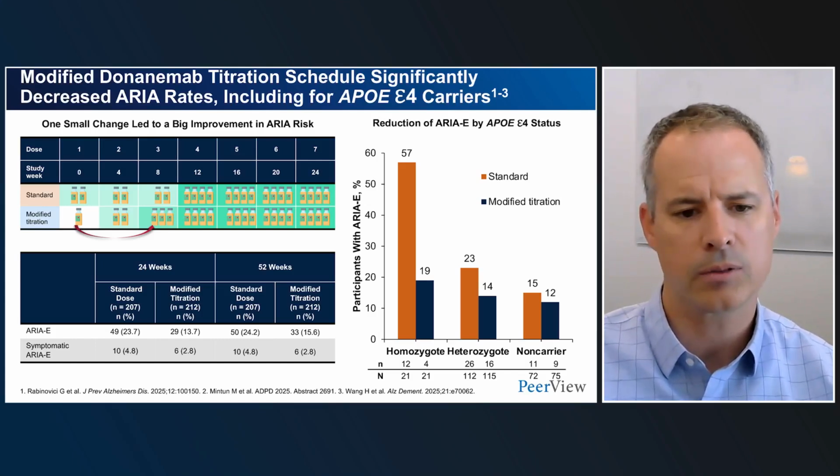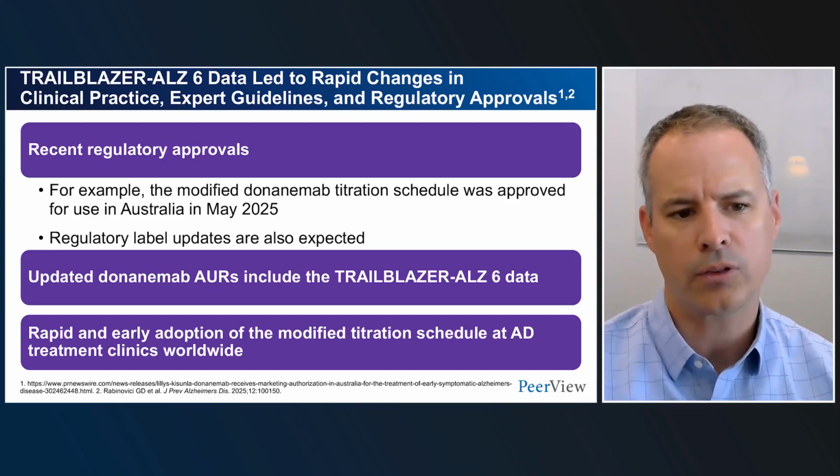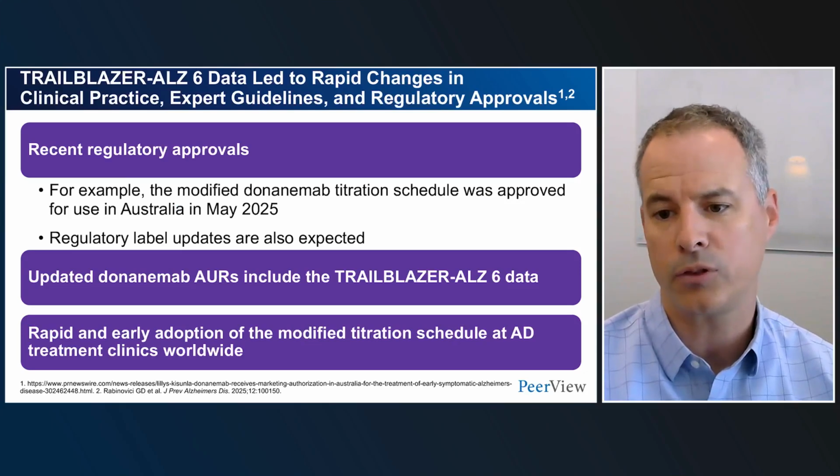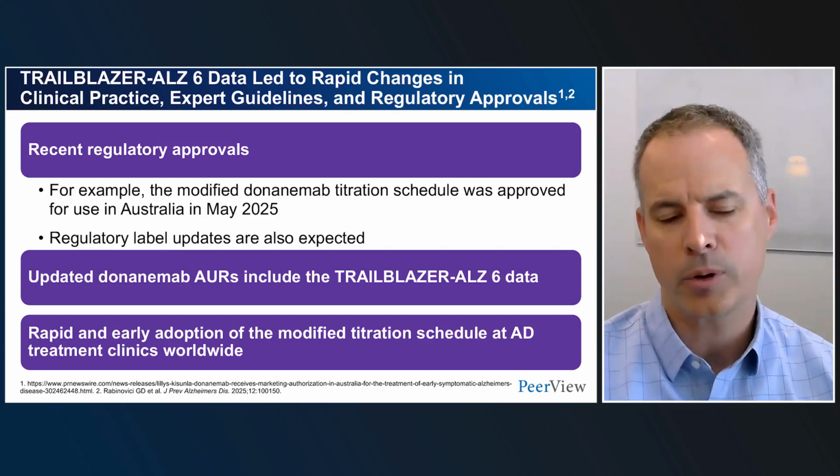Now, this new titration schedule has already been approved for use in Australia, and there are new regulatory labels expected. There are several updated appropriate use recommendations which incorporate this new titration schedule.